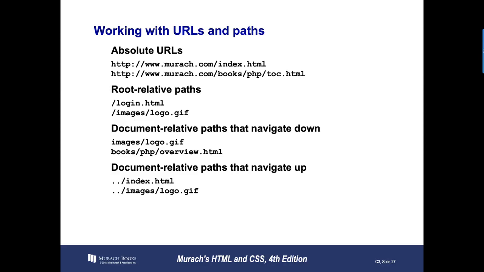So it's going to look at the same level in the file system for images and books. It's not going to have to traverse out of the current place where the web page that you're loading is. And then there are ways to go up, using ../ So that's going to go up a folder and then look for index.html or images/logo.gif. All right, and that can be a little maddening, especially if you're new to this stuff.